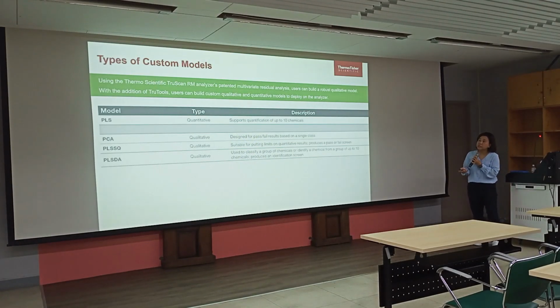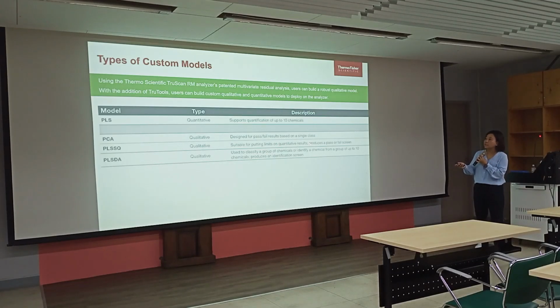And we have different types of models. With the chemometrics, you can build different models. If you want to perform quantitative analysis, you can use the PLS model, partial least squares. It can support quantitation of up to 10 chemicals. And we also have others. You can build your models for qualitative analysis. We have PCA models. We can create a PLS SQ. PCA is only like a pass or fail.